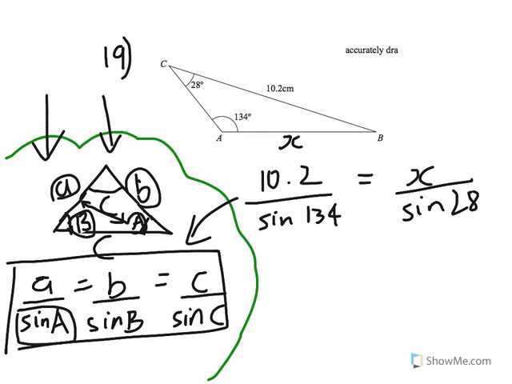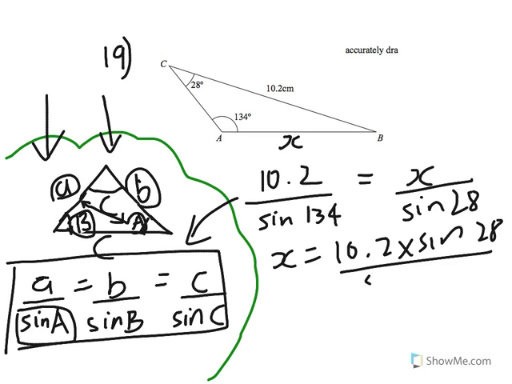This is similar to the equation I've written over there. Now all we have to do is solve for x, just normal algebra, multiply both sides by sine 28. You're going to get x is equal to 10.2 times sine 28 over sine 134.